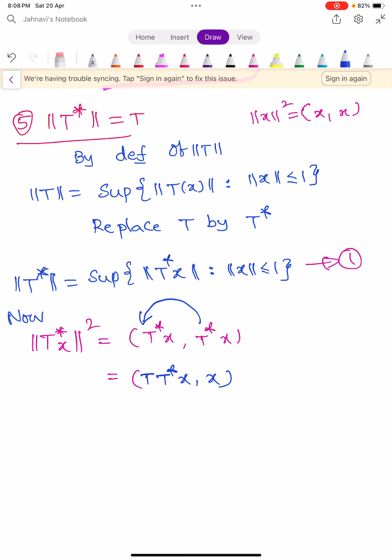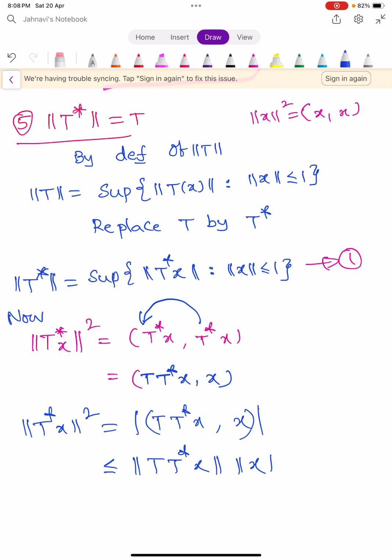So you can write norm T star x whole square is equal to the inner product of mod T star x comma x. After using the Schwarz inequality, this is less than or equal to norm T star x into norm x.